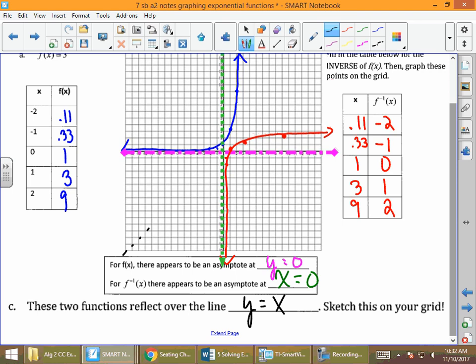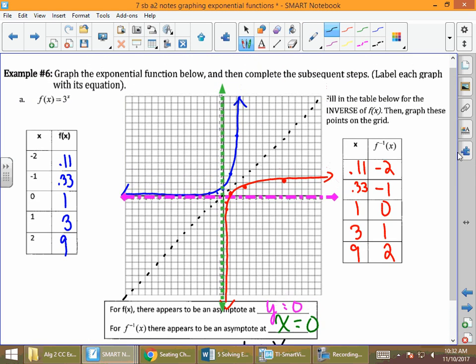And when we draw that in, it goes from the lower left to the upper right, and we go through 0, 0. One of the things that happens when we draw that in is it gives us a good visual image. If we fold this graph along that black dotted line, will the red graph land on the blue graph? And it will.